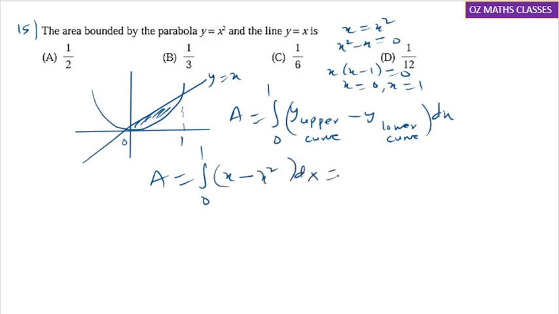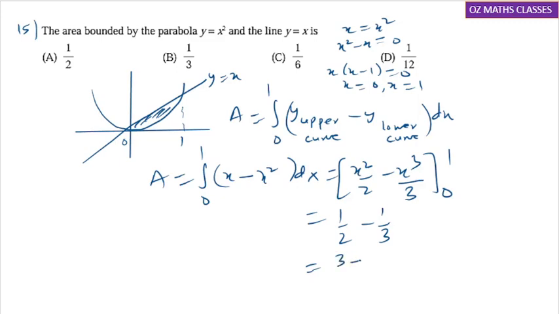So integrate this: x square by 2 minus x cube by 3, from 0 to 1. So 1 by 2 minus 1 by 3. If you take LCM, 3 minus 2 by 2 into 3. So you will get the answer 1 by 6.